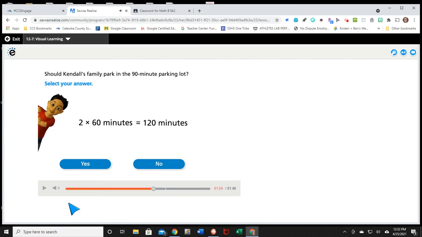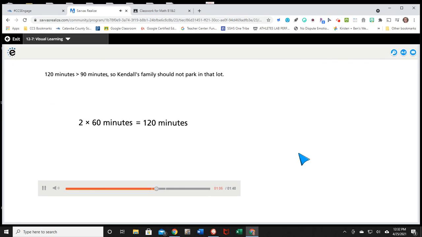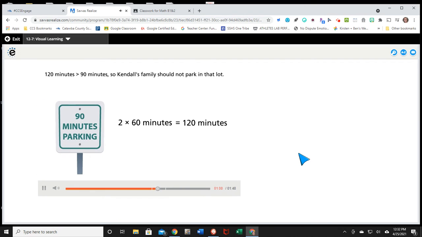I would say no, because 120 minutes means that they would be there longer than the 90 minutes that they are allowed. 120 minutes is greater than 90 minutes, so Kendall's family should not park in that lot.